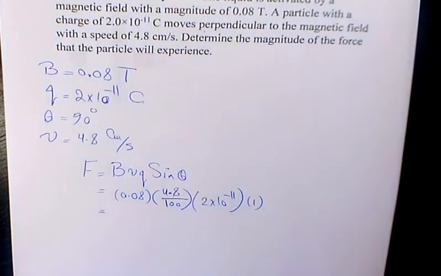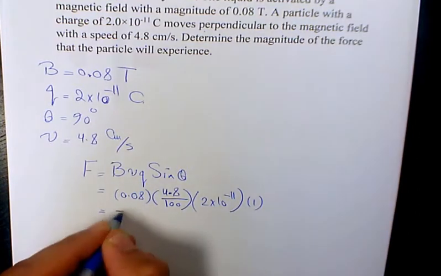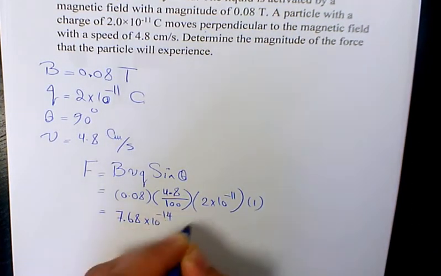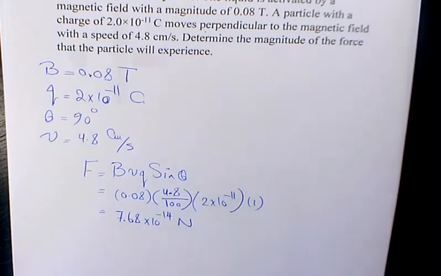That's going to be 0.08 times 4.8 times 2 times 10 to the power of negative 11 divided by 100. That's going to give me 7.68 times 10 to the power of negative 14 Newton. That's the magnetic force.